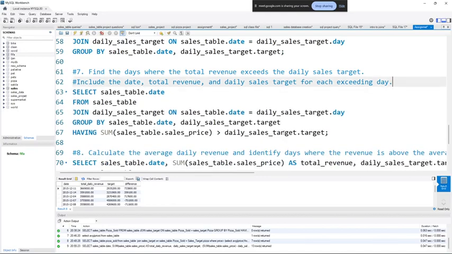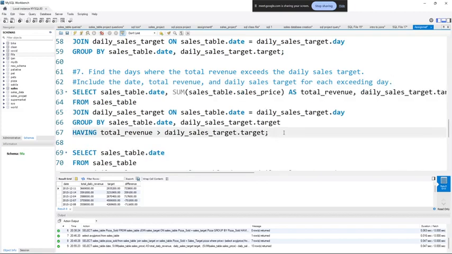So now, find the days where the total revenue exceeds the daily sales target. Include the dates, the total revenue, the daily sales target for each exceeding day. I didn't see this one. And the daily sales target for each exceeding day.